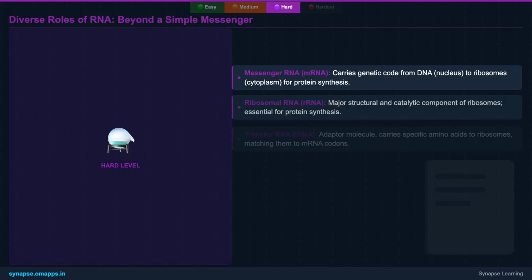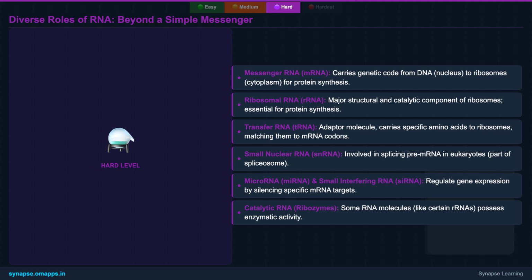Beyond DNA, RNA molecules are incredibly diverse and perform a wide array of functions. Messenger RNA, or mRNA, carries the genetic code from DNA to the ribosomes. Ribosomal RNA, rRNA, forms the structural and catalytic core of ribosomes, the protein synthesis factories.